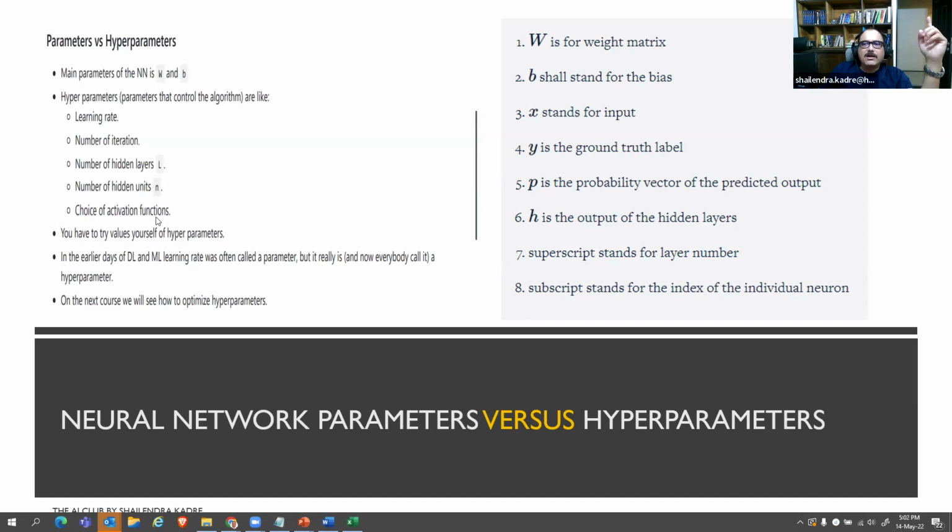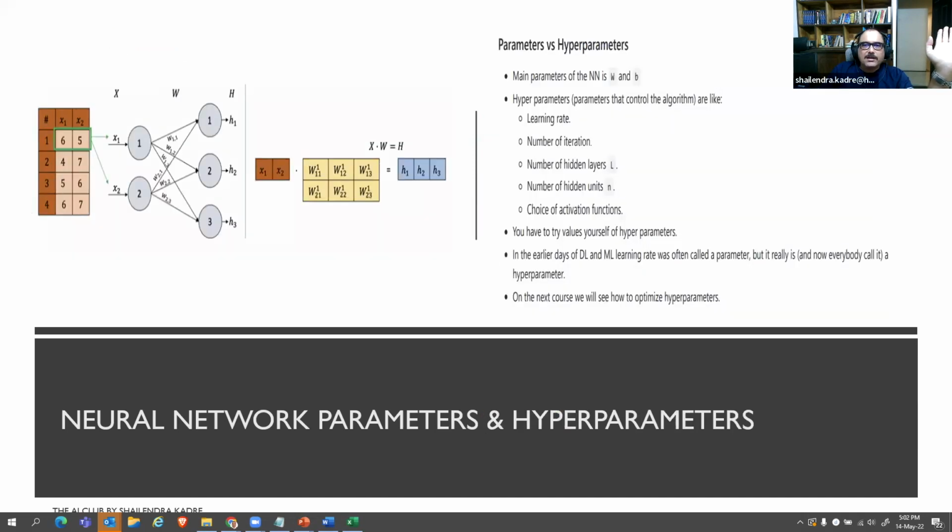I'll repeat the hyperparameters: learning rate, number of epochs, number of hidden layers, number of neurons in hidden layers, and the choice of activation functions. Parameters are weights and biases. So this is one understanding.